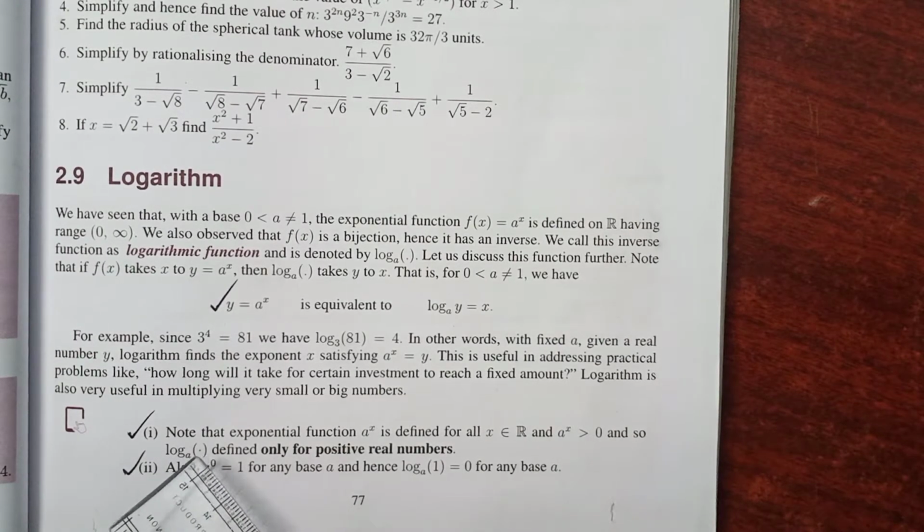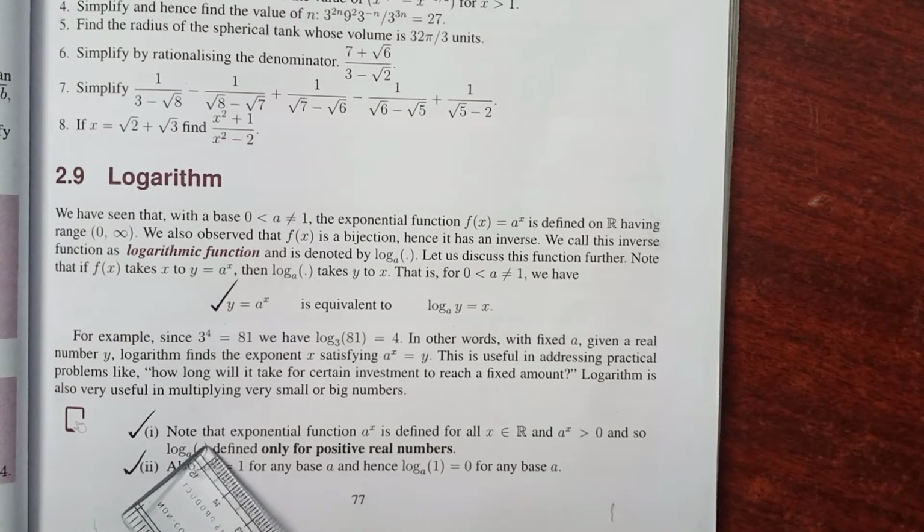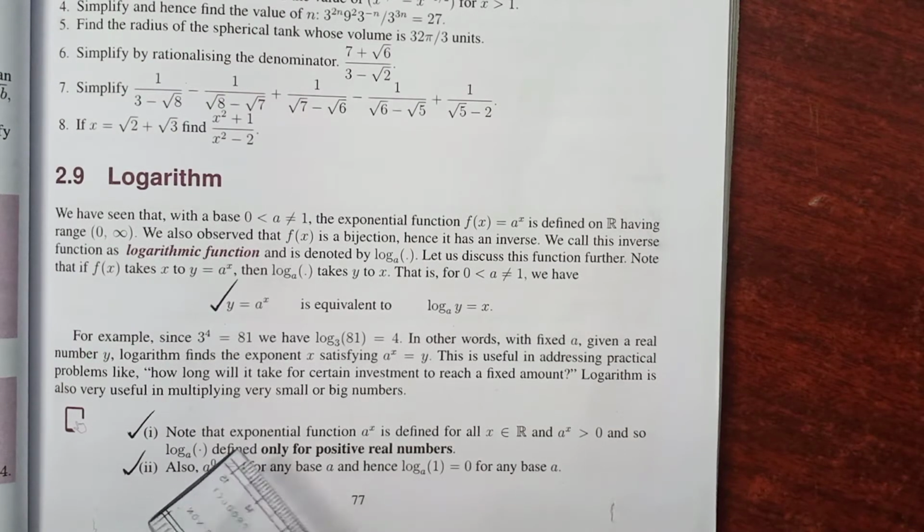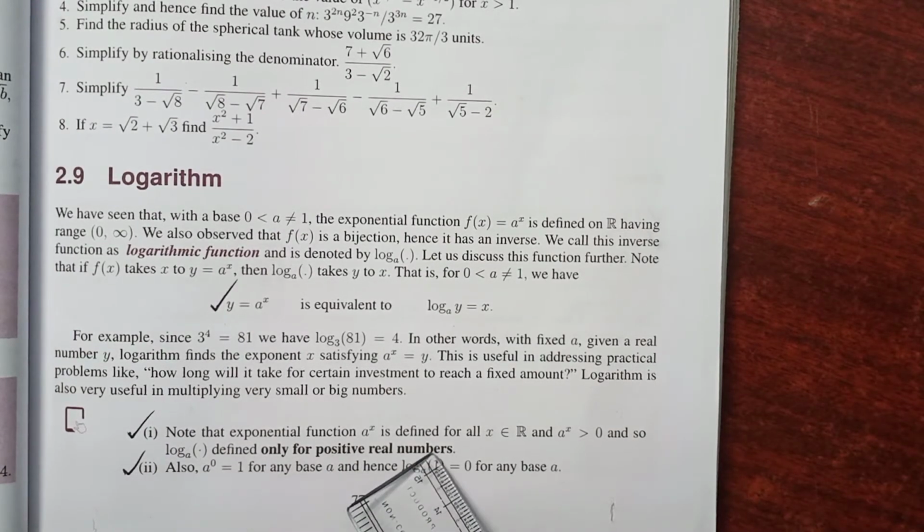So log can be calculated for values between 0 and infinity. That is the domain, excluding 0 and infinity. That's why it is given as positive real numbers.